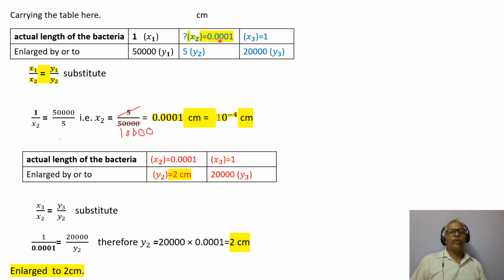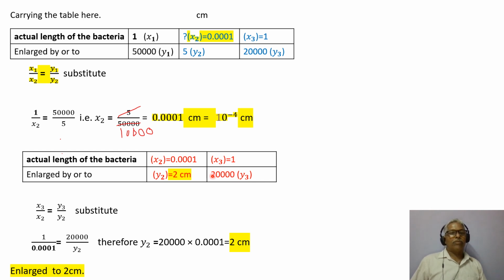Now after doing this, we will tackle the next part of this exercise. See here, the actual length of bacteria is this. Enlarged part we have to calculate, if this is enlarged only 20,000 times.